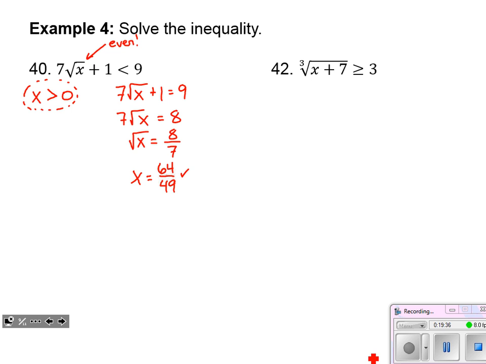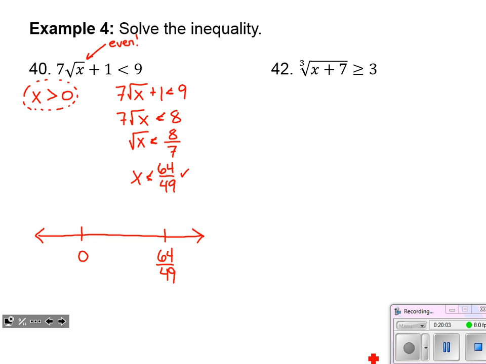But now, with our inequality, and again, remember this was a less than the whole time, and we're going to use checks to ensure that that is the case. But here's what I see happening. I see that 0 is a key point where my solutions would stop. Okay, so I'm going to plot that on a number line, and then this 64 over 49 was another key point.